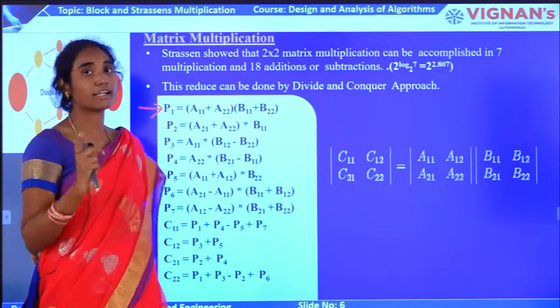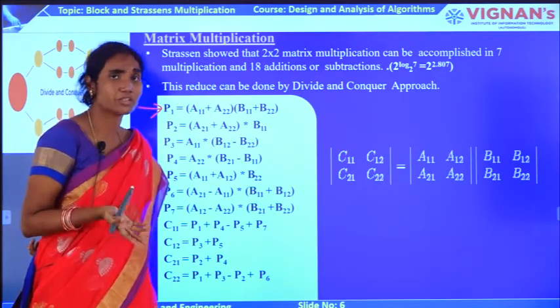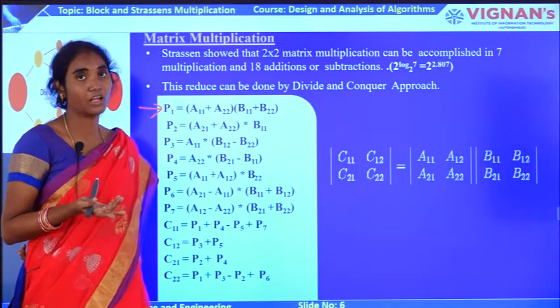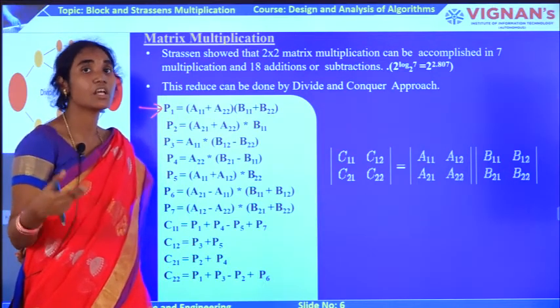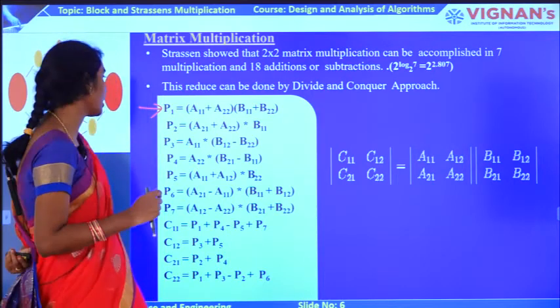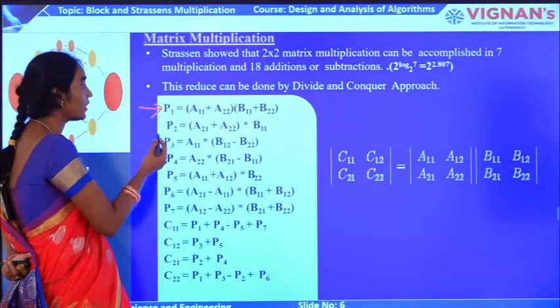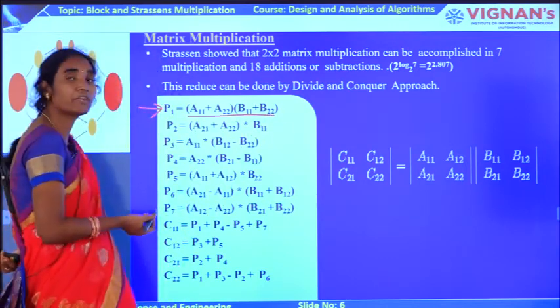Addition always takes less time. So if you have more additions, there is no problem for your logic, whereas if you have more multiplications, there is a problem because it consumes more time. So P1 is given as (A11 plus A22) into (B11 plus B22).